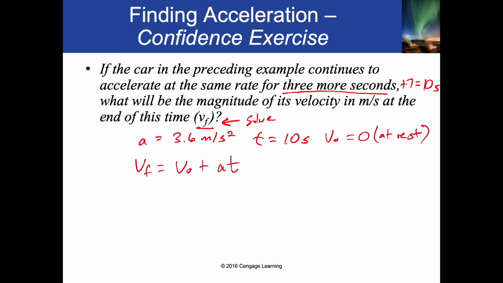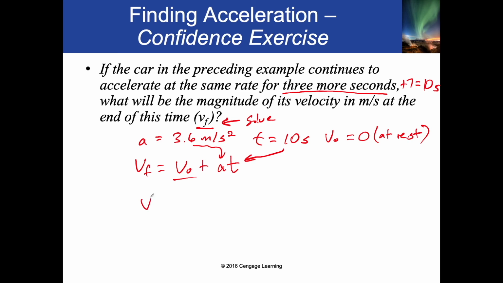Because all you're doing here is putting V0 down here, your acceleration right there, and your time right there. Acceleration goes here, time goes there, and V0 is 0 at rest, right?